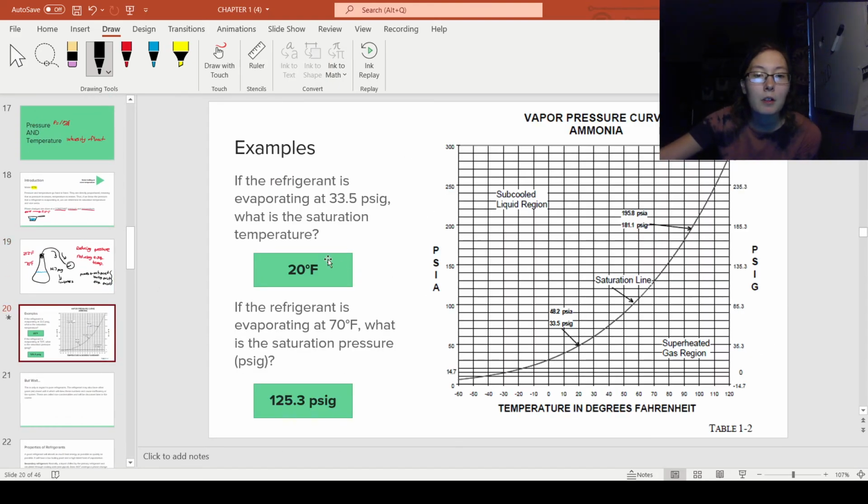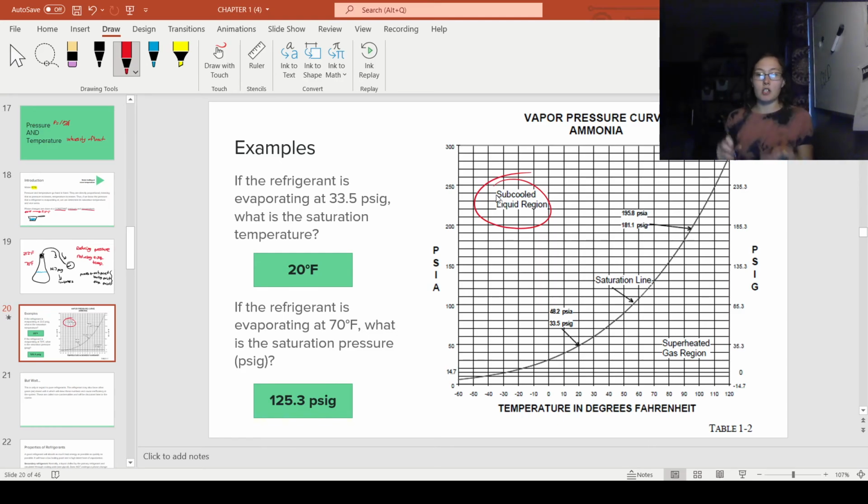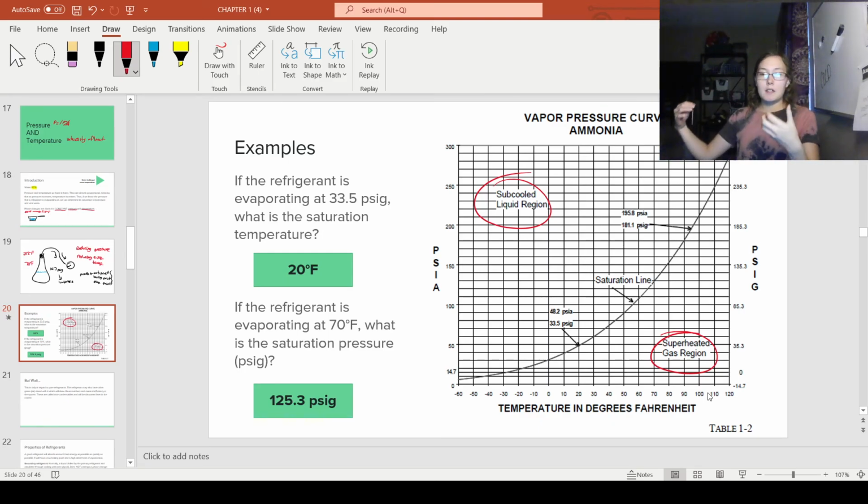Here we have a little thing. Normally this would be animated, but it's not doing that right now. So here is what we call a vapor pressure curve. In this area we have a subcooled liquid, and we discussed that subcooled liquid was liquid that is below its saturation point. In this area over here, we have superheated gas, so gas that is superheated beyond its evaporating point or its saturation point.